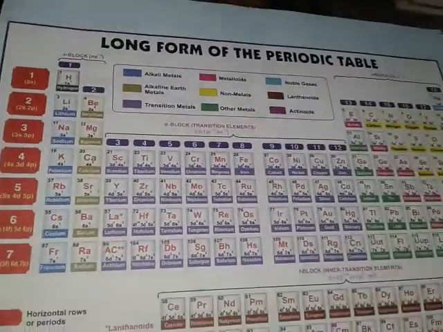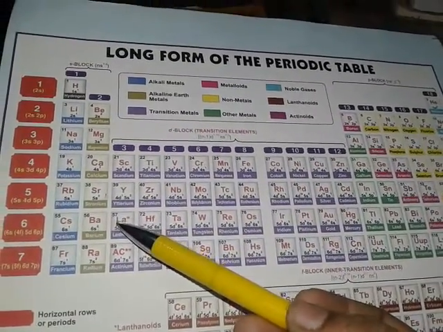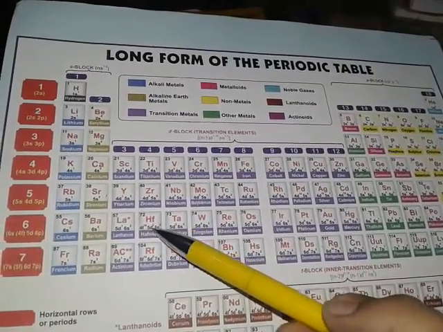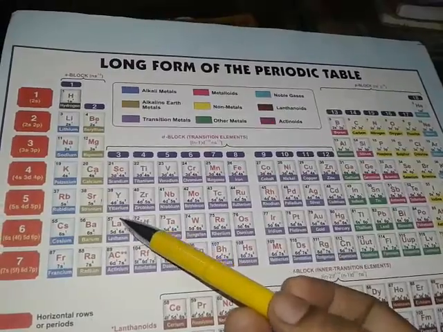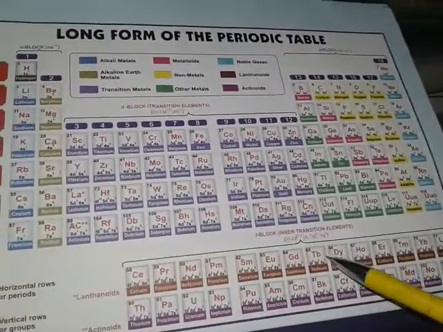If we look at this table carefully, then we find that here the 57th element is lanthanum. After the 57th element we have 72, that is known as hafnium. So between 57 and 72, there is a gap of around 14 elements. These 14 elements are present over here.